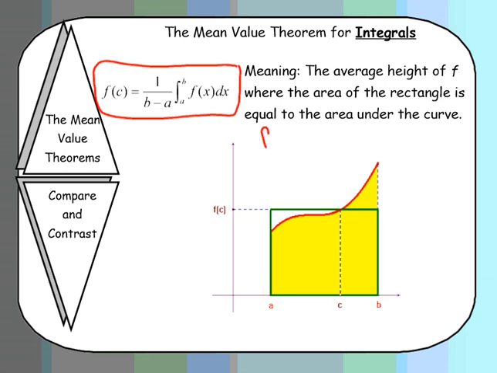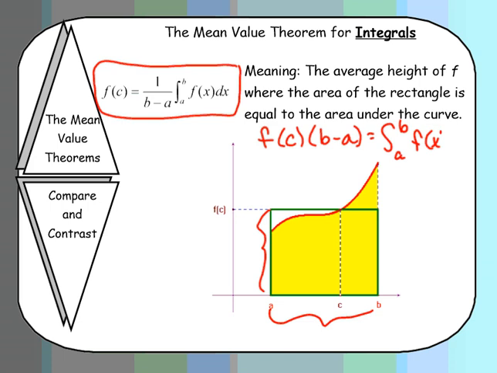When you moved that over and had f at c times b minus a, that's the area of this rectangle. There's your b minus a, here's your f at c. That gives you the area of the rectangle, which is the same as the area under the curve. So that f at c gives you your average height, so that when you multiply by the width, the area of the rectangle is the same as the area under the curve.